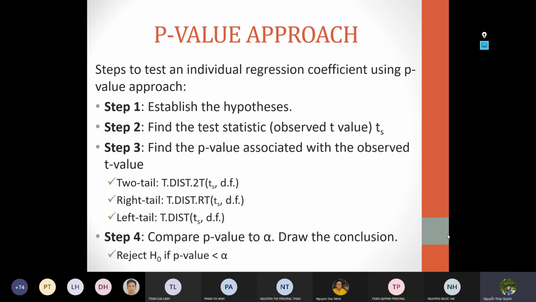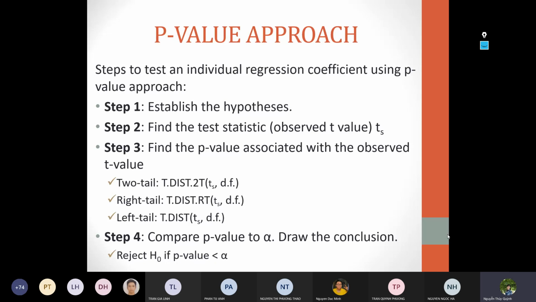Just as we compare the observed value of t and the critical value of t with each other, we compare the p-value and alpha, the level of significance, with each other. So p-value is the minimum level of significance at which the null hypothesis can be rejected.